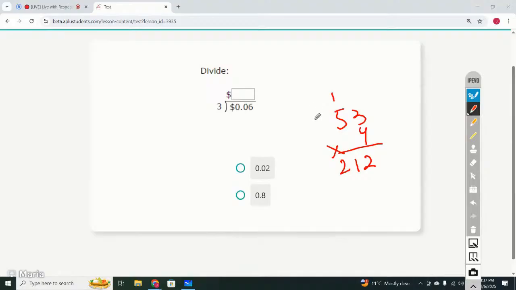$0.06 divided by 3. Let's just divide it without the decimal point, like simply divide 6 by 3. So 3 times what number is 6? 3 times 2 is 6. 6 minus 6 is 0.